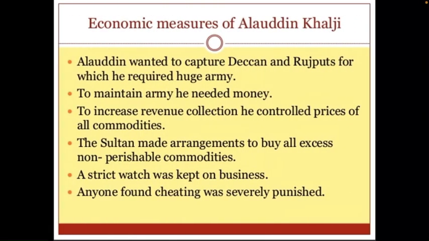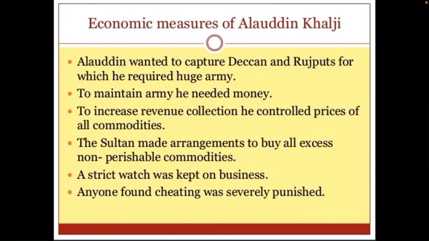There were different economic measures that were adopted by Alauddin Khalji. First of all, he wanted to capture the Deccan and Rajputs, for which he required a huge army. To maintain the army, he needed money, and that money came from the revenue collection.